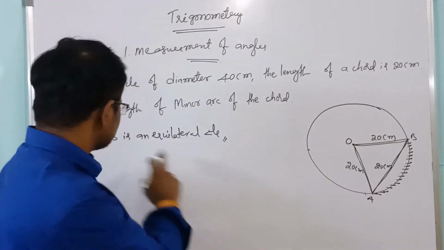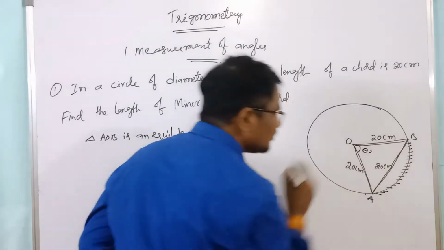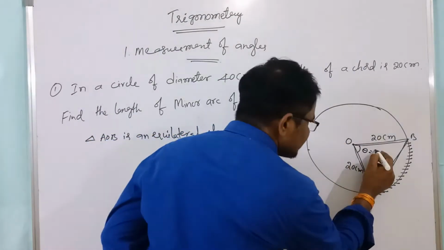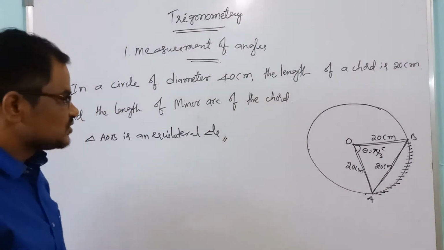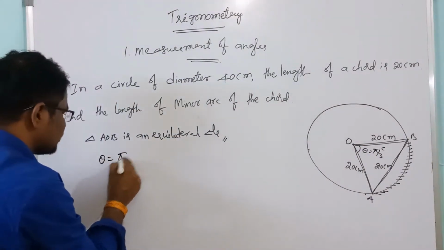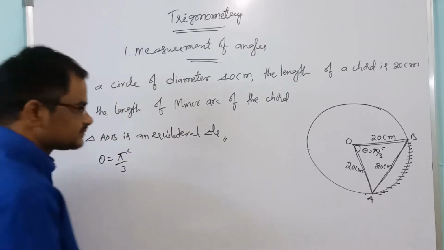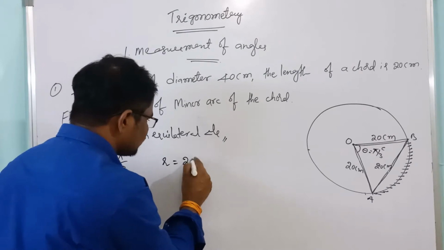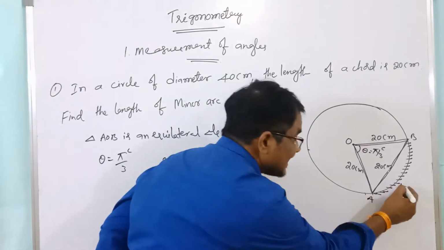This is an equilateral triangle, so theta equals 60 degrees, that is pi by 3 radians. So the angle subtended at the center of the circle, theta equals pi by 3 radians. Next, radius r equals 20 centimeters. Then what they are asking? L.